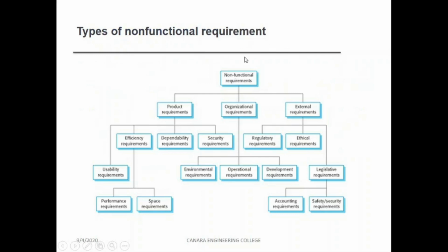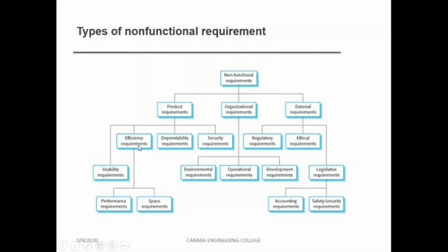So this is the non-functional requirements diagram. Non-functional requirements include product requirements, organizational requirements, and external requirements. For product requirements, consider the VTU website or VTU results. The main functional requirement is to give the result to the customer. For the product requirement, there is efficiency. If it is within 100 users, the efficiency should be better than when there are more than 100 users.